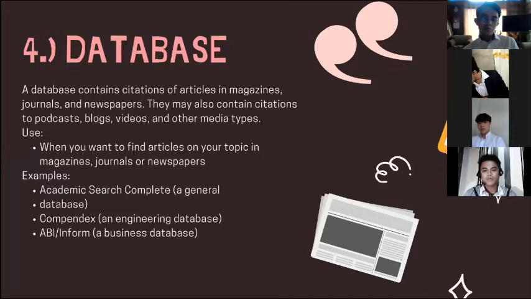Academic Search Complete is a general database, and Compendex is an engineering database. ABI Inform is a business database. So we can get the data through blogs or YouTube or video.